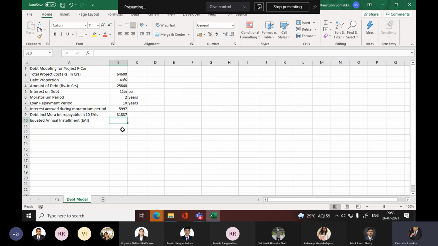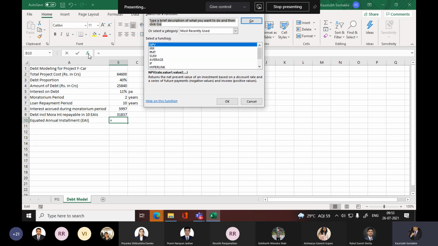So all of you follow me properly. Just go to this cell and click FX. I have it in most recently used, but you can just remove this.